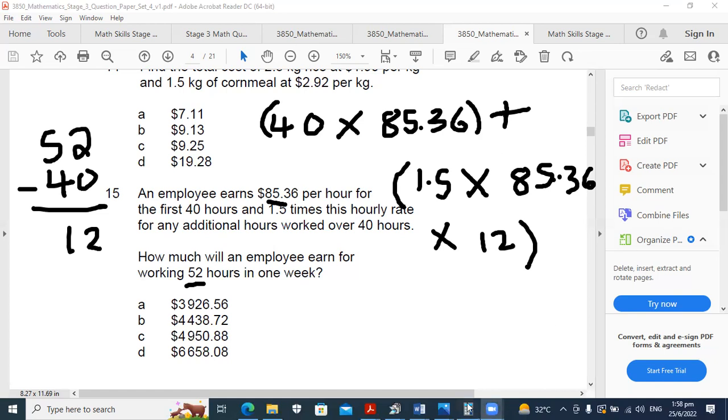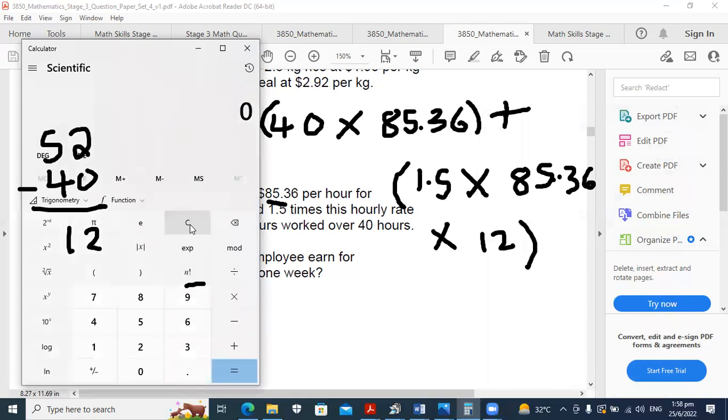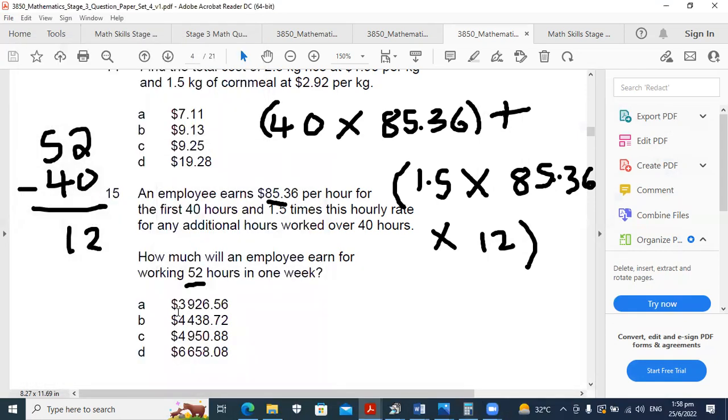All right, so let me just take out my calculator. 4,950.88.